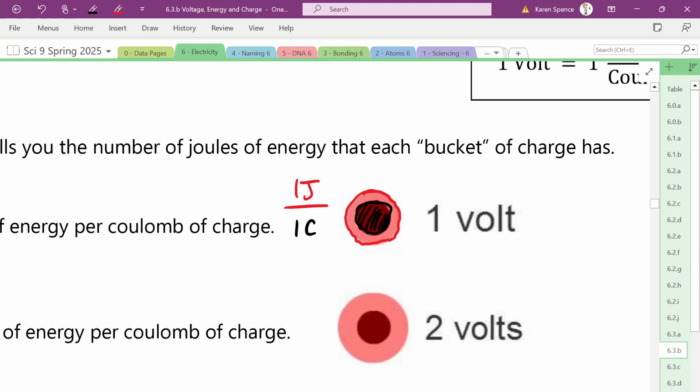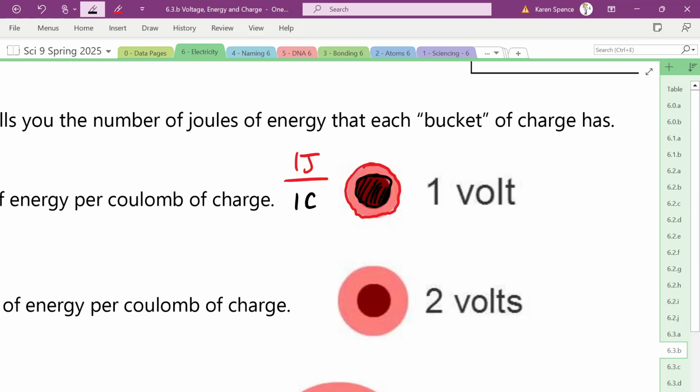Now in our next picture, we still have 1 coulomb, right? The black part is still the same, 1 coulomb. But now we have 2 joules. So we have 2 joules per 1 coulomb, and that is 2 volts.